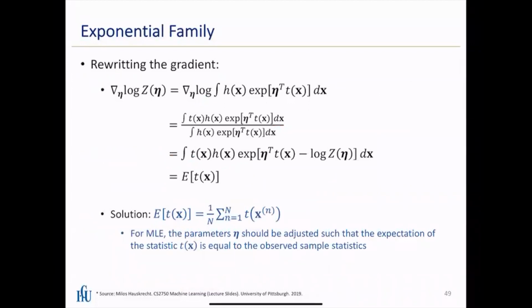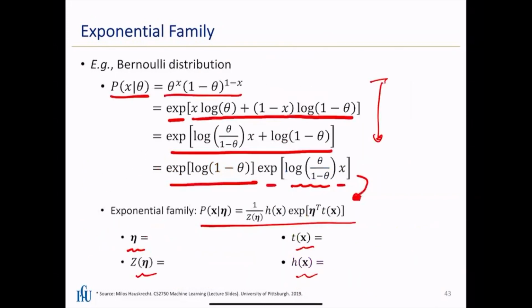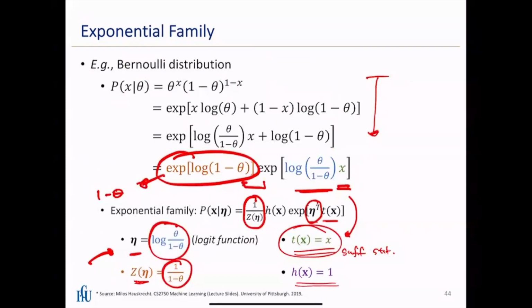That is again defined by the mean value of your sufficient statistics. So the eventual catch is very simple: for MLE, the parameter should be adjusted based on the mean value of the sufficient statistics. For the Bernoulli distribution, we try to find out what the sufficient statistic is. That is simply the observation x, and you want to get the mean value of the observation.